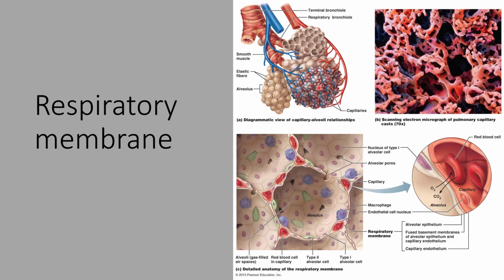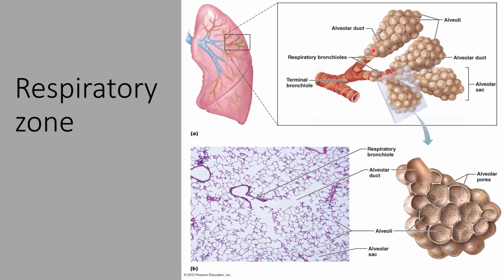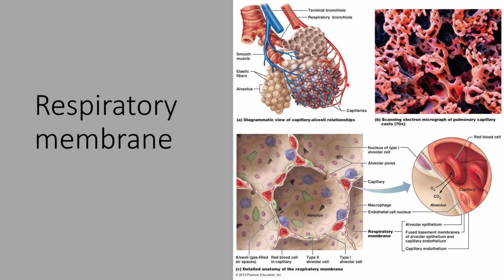Here we can see the alveoli really well, but in reality, the alveoli are surrounded by capillaries. Remember, capillaries are where exchange takes place. So we have the blood coming in through an arteriole, then it moves through the capillary where gas exchange takes place, and then it leaves through a venule.